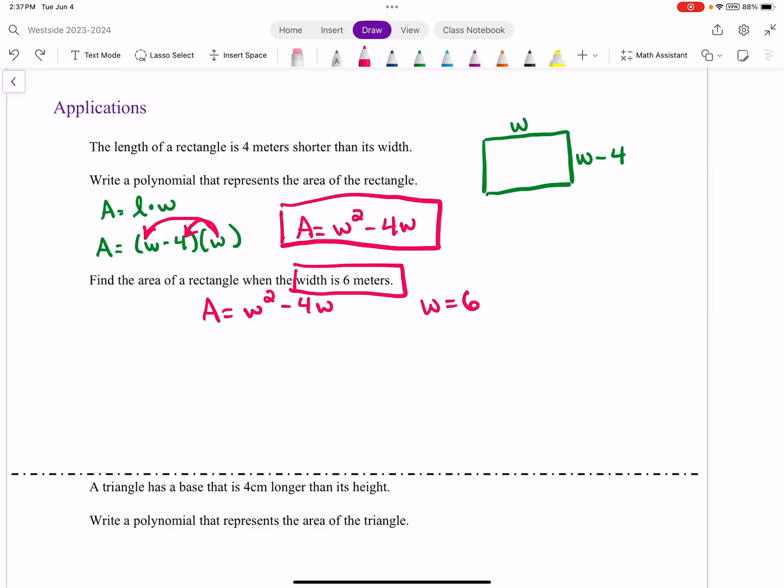I don't want too many letters if we don't need them. So we're going to replace these w's with this 6. So I would have 6 squared minus 4 times 6. Well, 6 squared is 36, and then minus 4 times 6 is 24. 36 minus 24 equals 12, so our area would be 12.